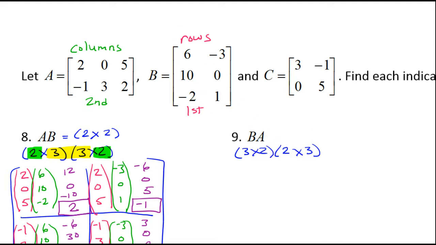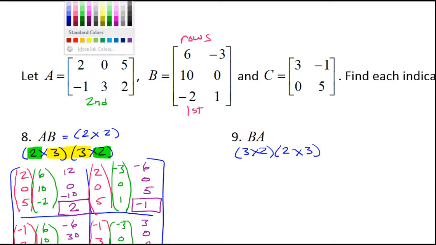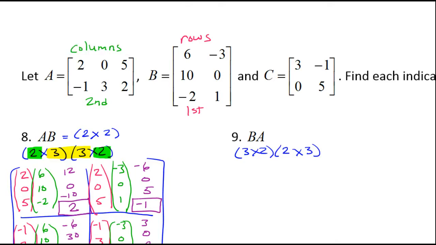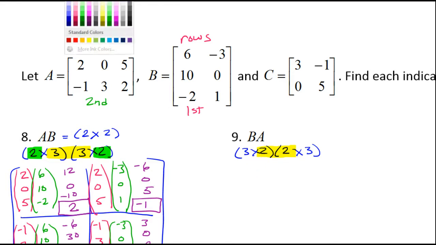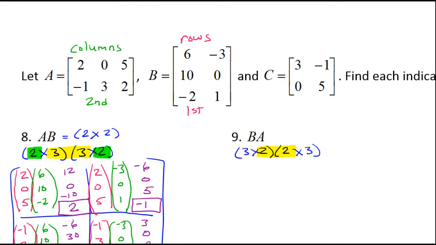For this product to be possible, the inner dimensions have to be the same. Notice that the inner dimensions are both 2, so this product is possible. It is defined. The outer dimensions will tell us the dimensions of the final answer. So the final answer will be a 3 by 3 matrix.